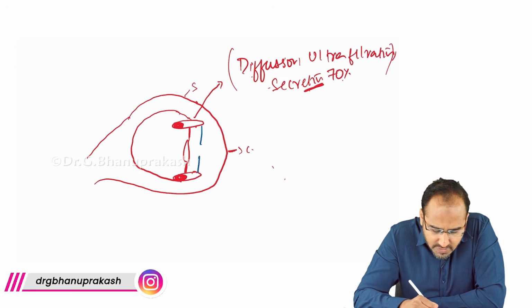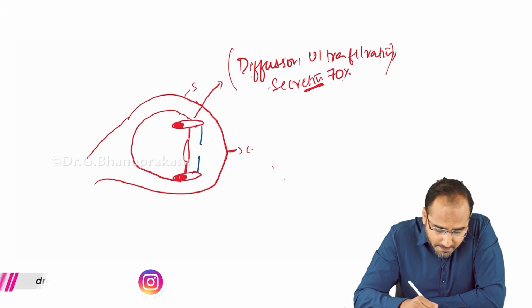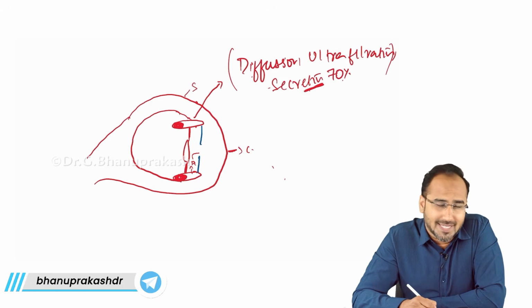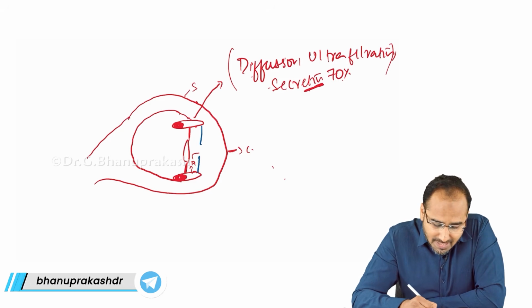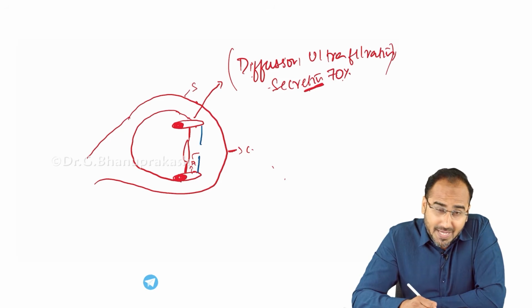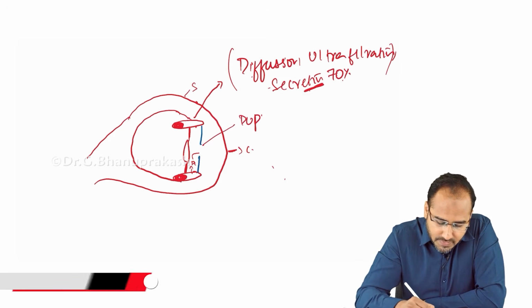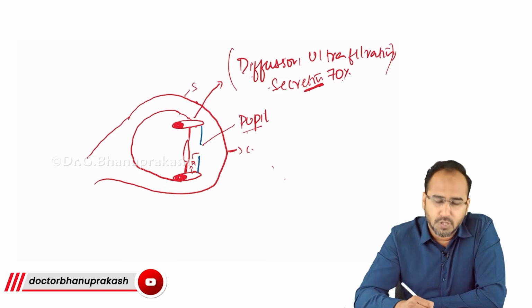Just look over here, guys. As aqueous humor is formed by pars plicata, where does it go? From pars plicata, it goes into the posterior chamber. From the posterior chamber, through the space between the upper iris and lower iris, I forgot to tell you this. This imaginary space between the upper iris and the lower iris is called the pupil.